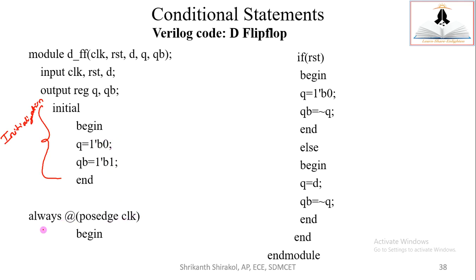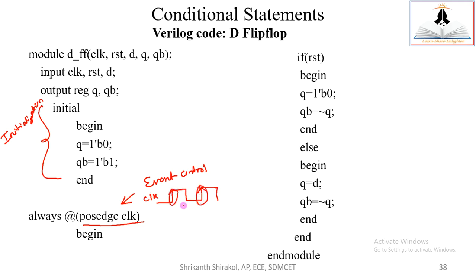After that my main code starts, the always statement. Always at the positive edge of the clock, you see here. This is very important, an event timing control. Whenever there is a positive edge of the clock, only in these areas will it be active.